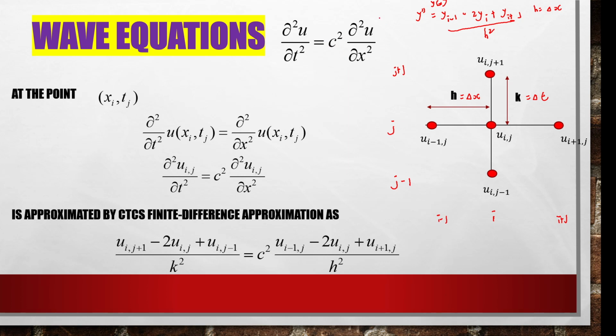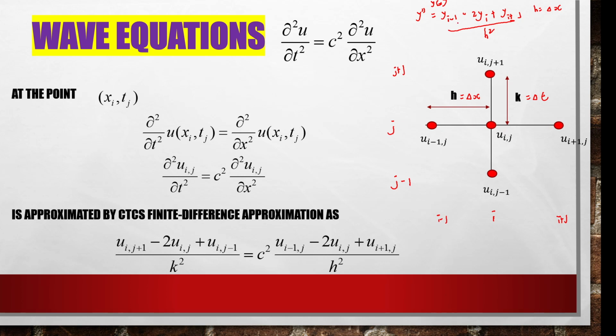For del 2u del x2, we differentiate with respect to x. For the partial derivative, when you differentiate with respect to x, time t is fixed, because we discretize at the point xitj. That's why t is fixed at level j, and then you differentiate with respect to x.